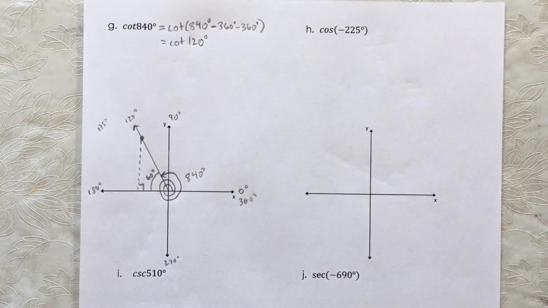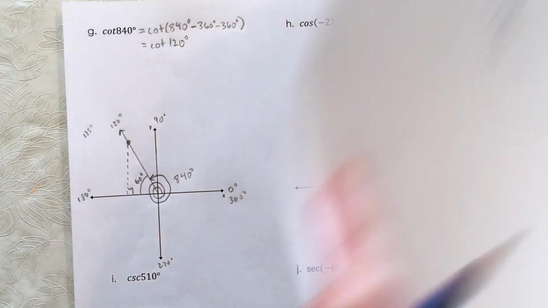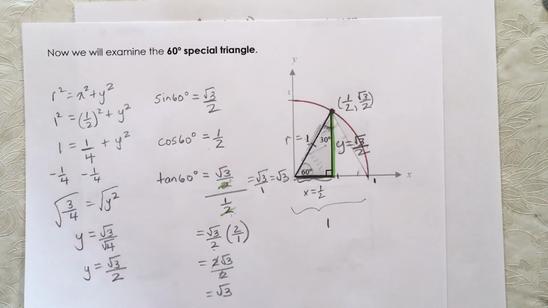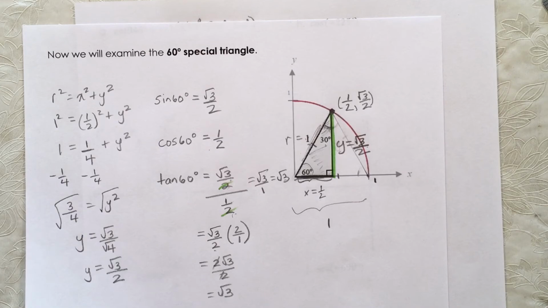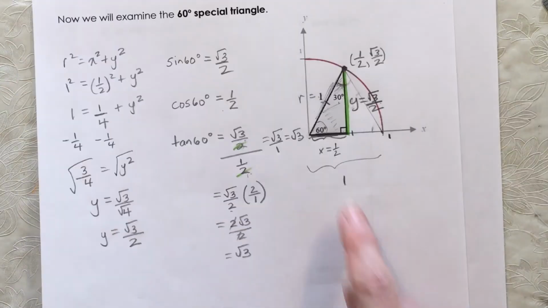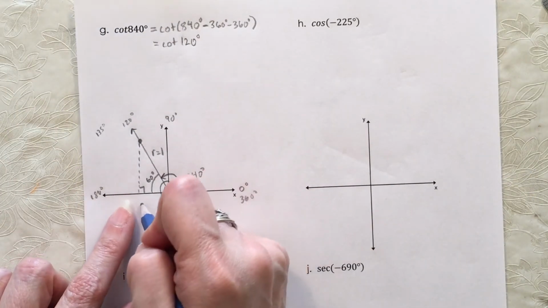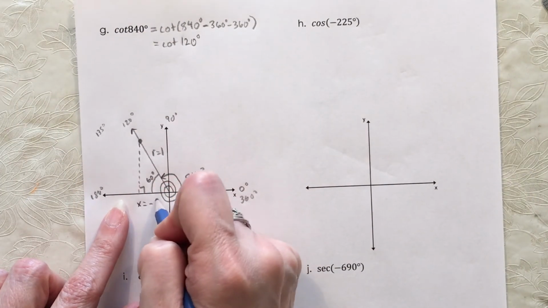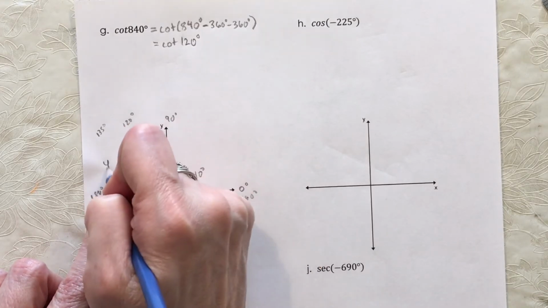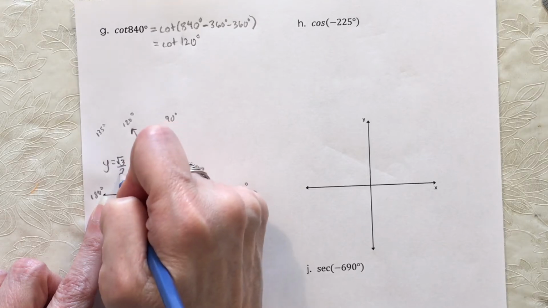So we're related to my 60-degree special triangle, which has these sides. Okay, so the r is 1, x is either going to be positive or negative a half. So it makes sense in the second quadrant for x to be negative a half. And for the y to be positive, and in this case it's root 3 over 2.